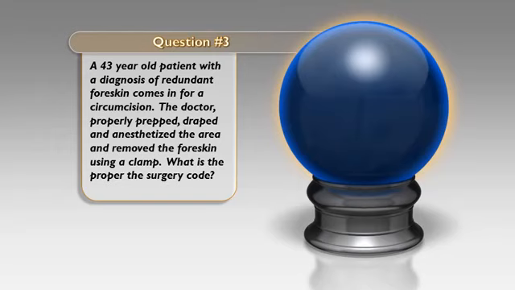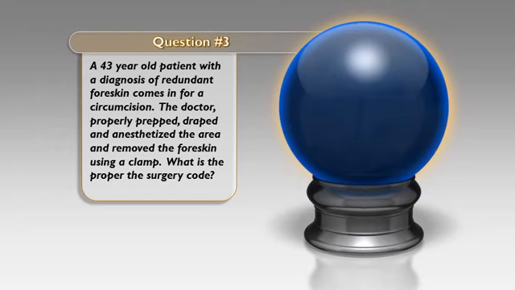A 43-year-old patient with a diagnosis of redundant foreskin comes in for a circumcision. The doctor properly prepped, draped, and anesthetized the area and removed the foreskin using a clamp. What is the proper surgery code? Pause the presentation to solve.